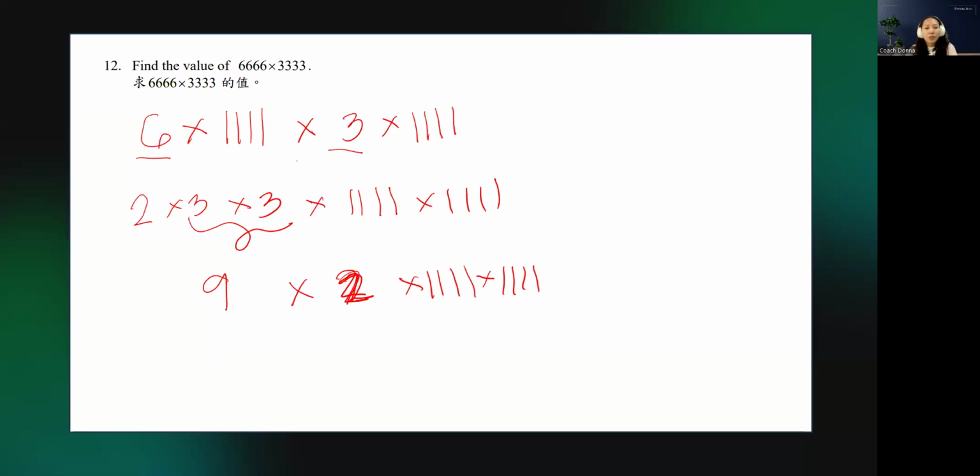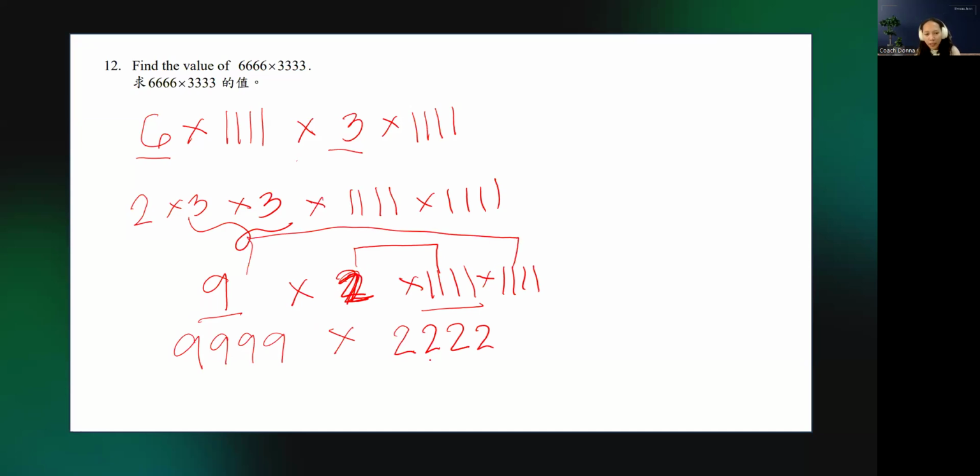So 9 times 2, we're not going to multiply those two. We want to express it in terms of 9. So you'll have 9 multiplied by 2222. We just multiplied this one and multiplied this one. All right? So now, remember, 9999 is actually 10,000 minus 1.